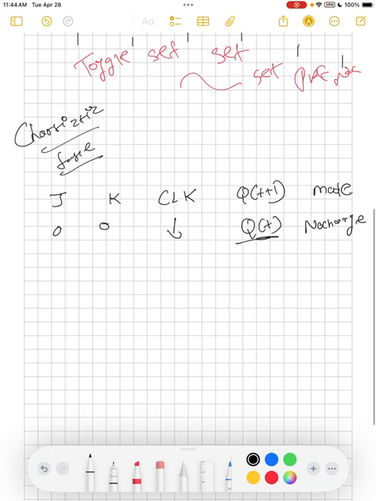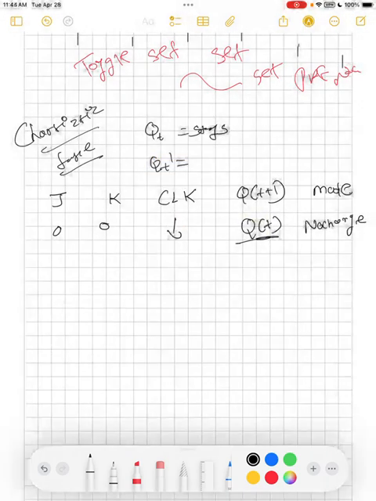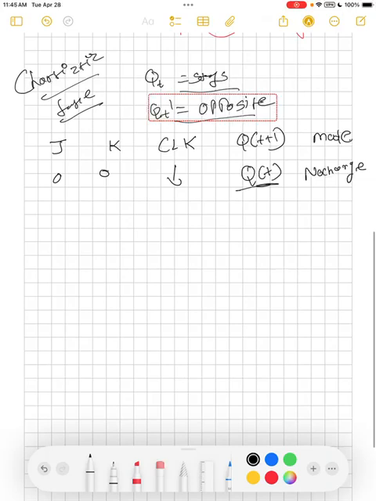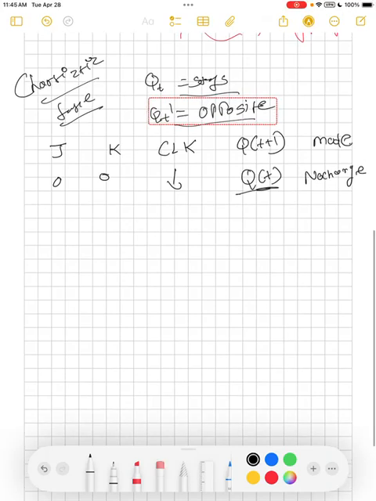So the important thing is Q(t) means the output stays the same and Q dash (t) means the output becomes the opposite. So when J is 0, K is 0, clock falling, there is no change mode, so Q(t).